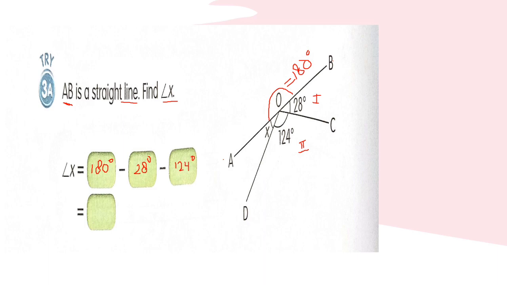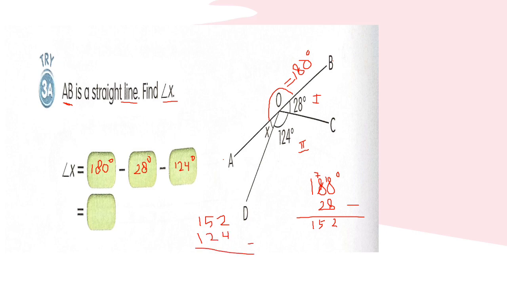Okay, so 180 degrees minus with 28. Because this is 0, you need to borrow, so this one becomes 10, this one becomes 7. 10 minus 8 equal 2, 7 minus 2 equal 5, and then this is 1 here. Then you need to minus it again. 152 minus with 124.